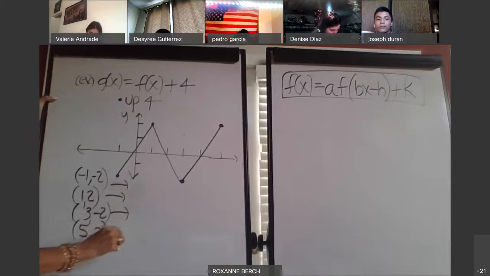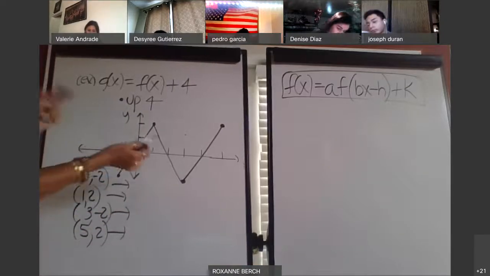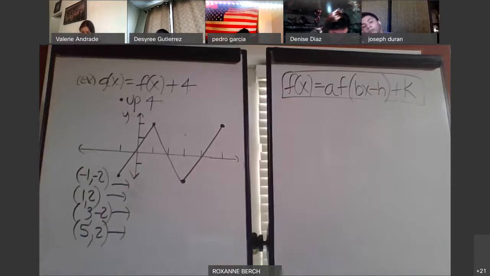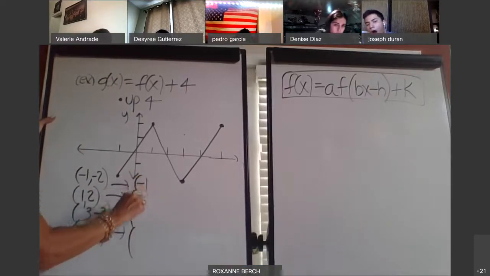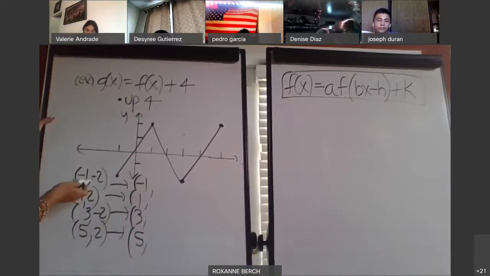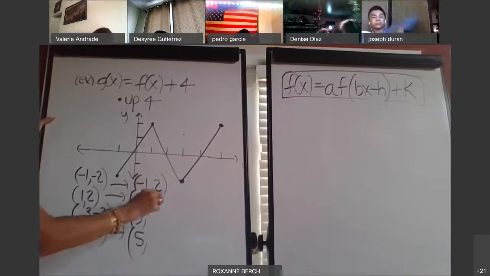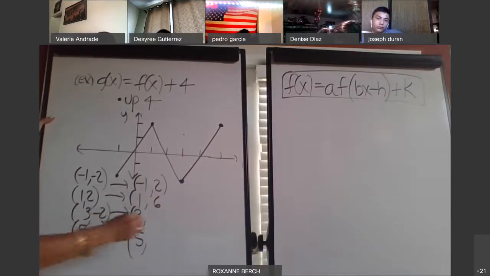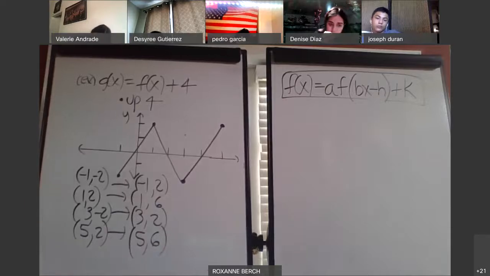So that's all we do. It's not a quadratic, it's just some function. We could just pick points off the graph and go up 4. So up 4 has to do with the y. So up 4, so plus 4 would be 2, plus 4 would be 6, plus 4 would be 2, and plus 4 would be 6, and there's our points.